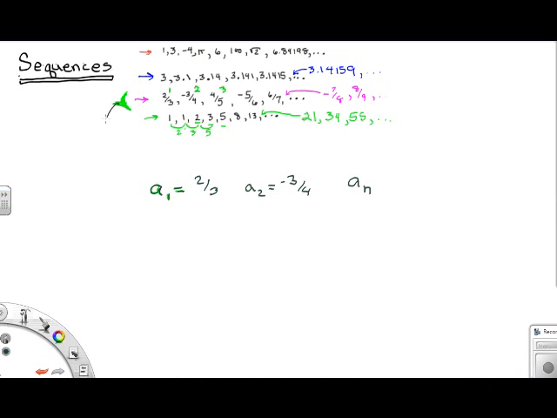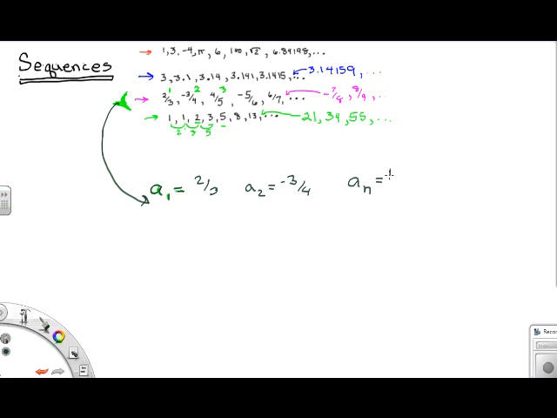So we're looking at this sequence here. What would AN be? Well, A1 is 2/3, so it looks like the top, and A2 is 3/4. It looks like the top is going to be the subscript plus 1, right? And the bottom is going to be what? The subscript plus 2.